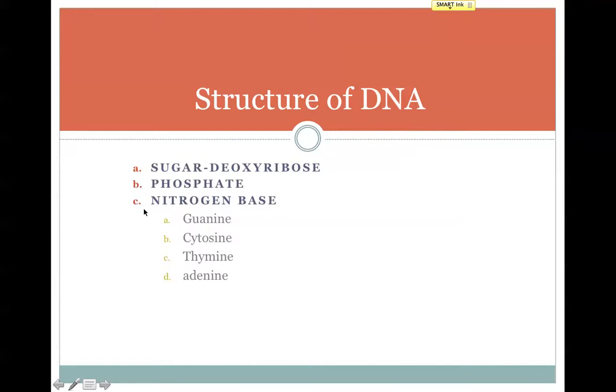The three of these things, A, B, and C, sugar, phosphate, and nitrogen base, together make what we call, let me write this down. This is called a nucleotide. A nucleotide.